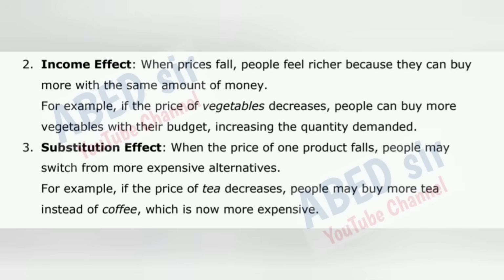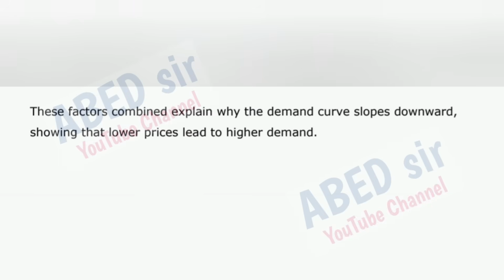When the price of one product falls, people may switch from more expensive alternatives. For example, if the price of tea decreases, people may buy more tea instead of coffee, which is now more expensive. These factors combined explain why the demand curve slopes downward, showing that lower prices lead to higher demand.